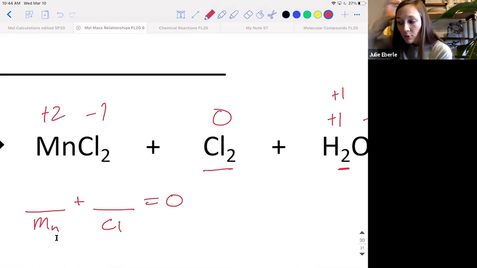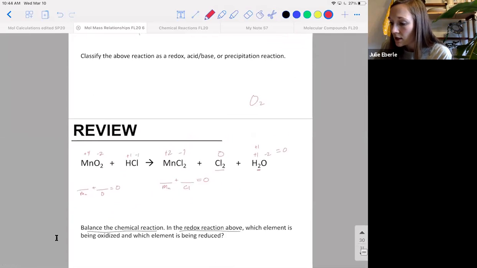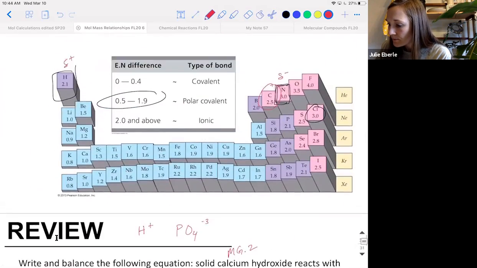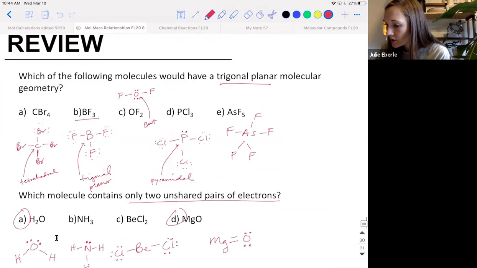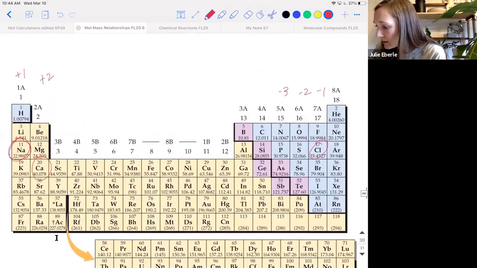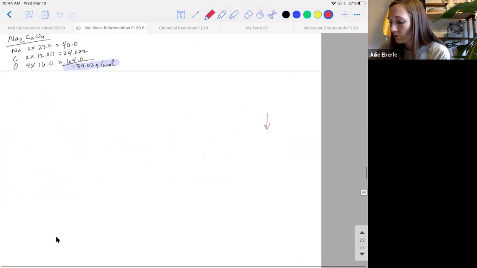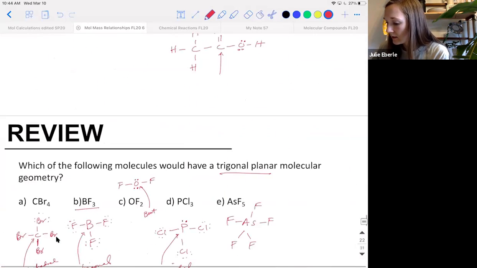But when it's in a compound, we know that oxygen is, let me find a periodic table. Oxygen is main group 6. Okay, right here. And I already have it written in. Every element in main group 6 as an anion tends to carry a -2 charge because they're gaining 2 valence electrons to complete the octet. So hopefully that helps a little bit.